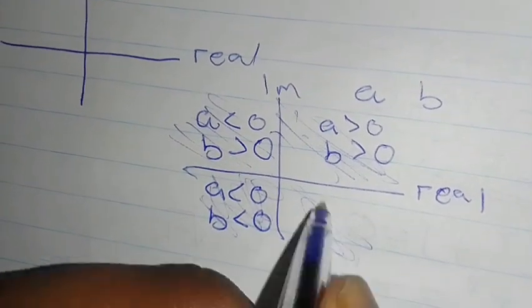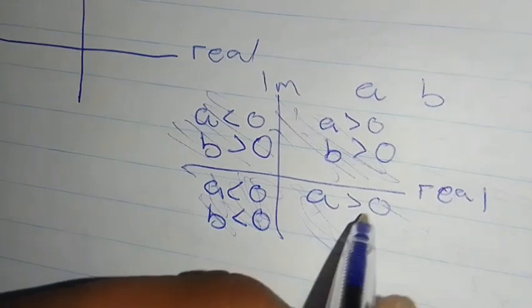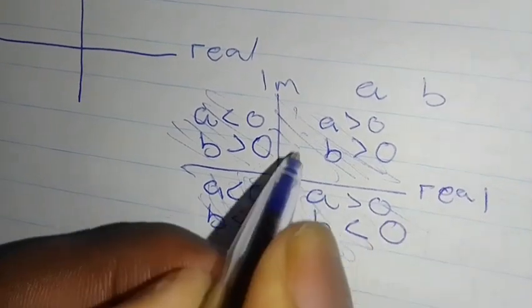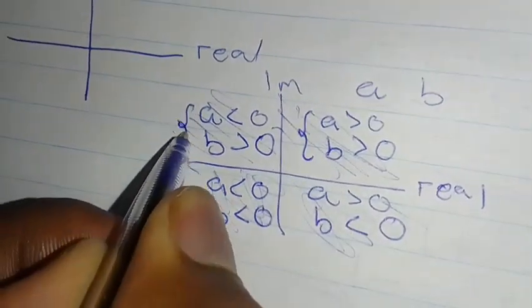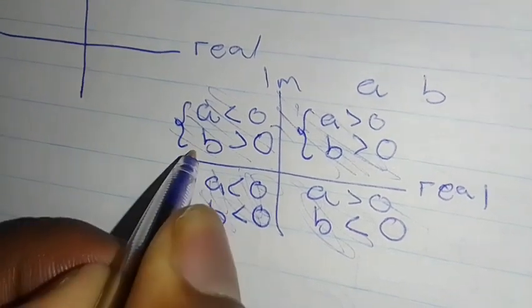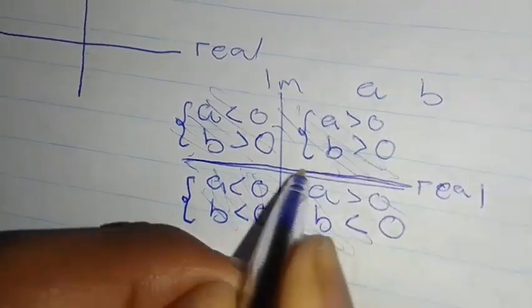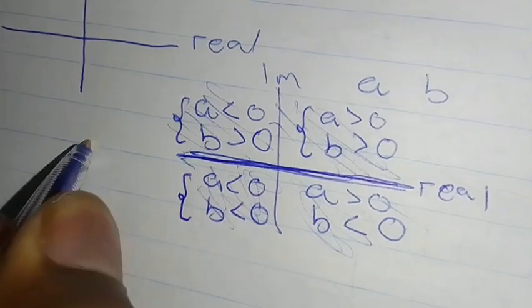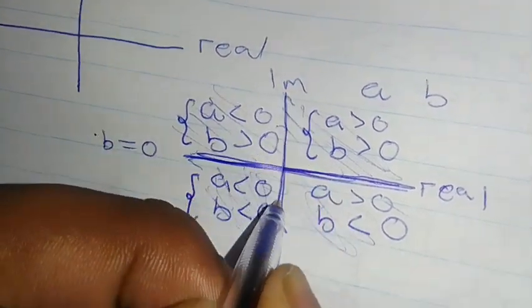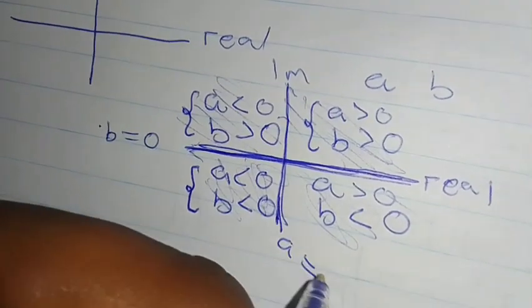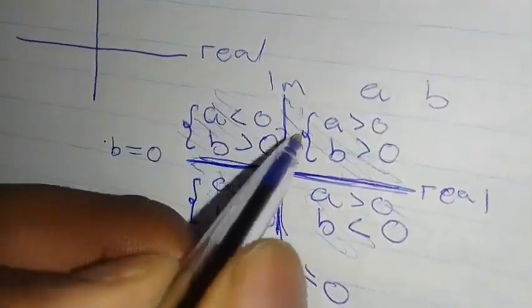And in the last quadrant, it's where a is greater than 0 but b is less than 0. So keep this in mind. Along the real number line, it's where b equals 0, and on the imaginary axis, it's where a equals 0. So you have to be careful with this.